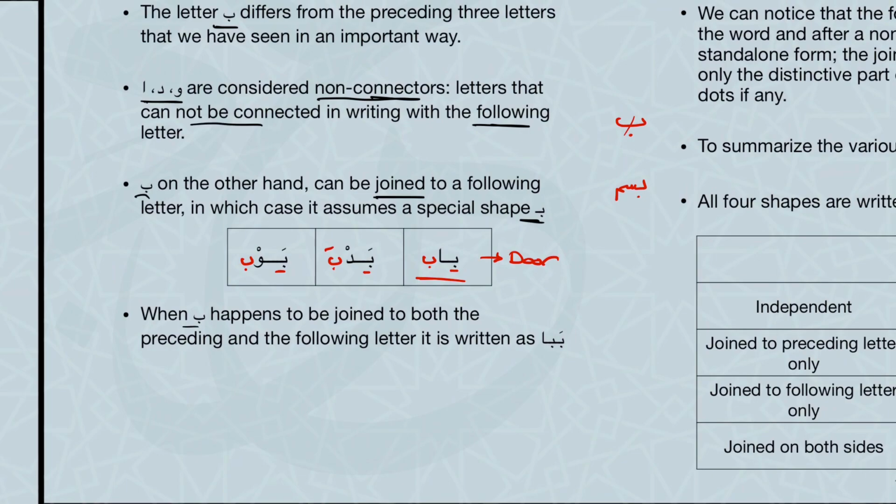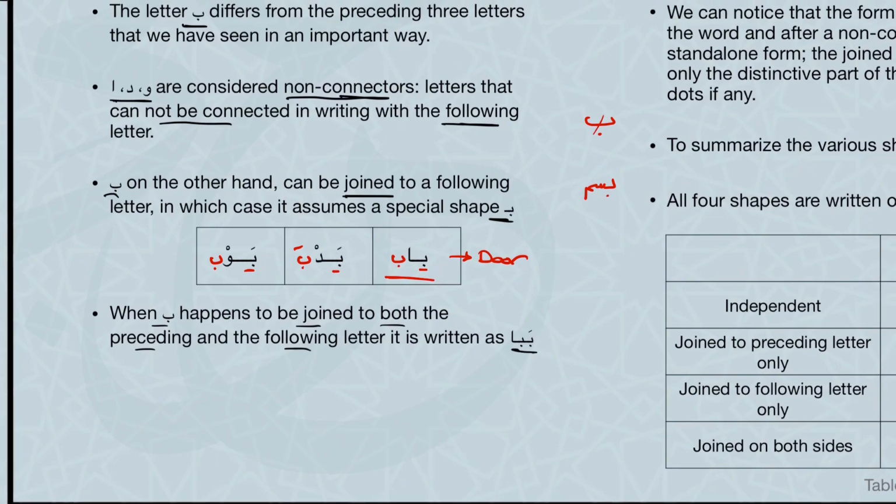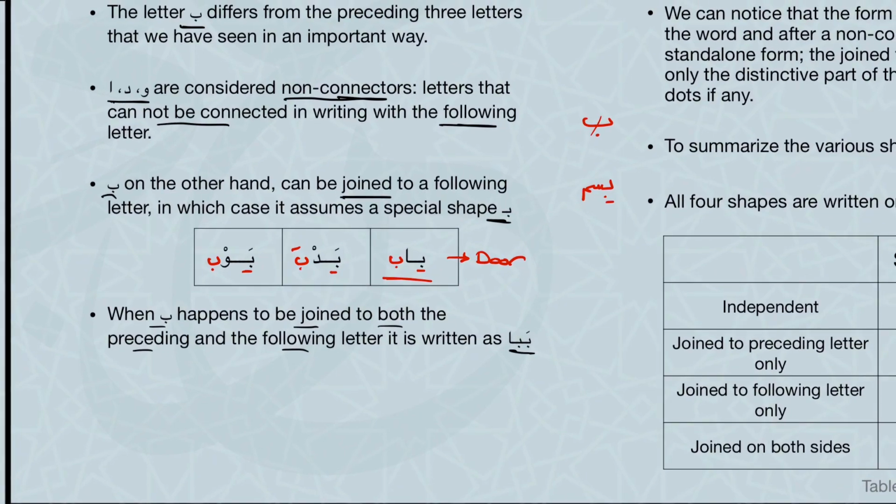When ba happens to be joined to both the preceding and the following letter, we basically chop the whole boat. We said that it could be initial, as we started with, when there are other letters that connect to it, like following letters, as we said here, dal.